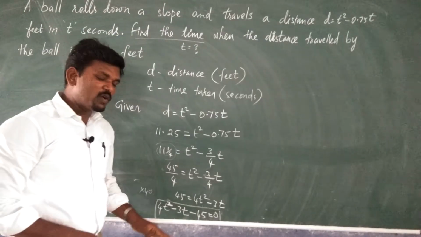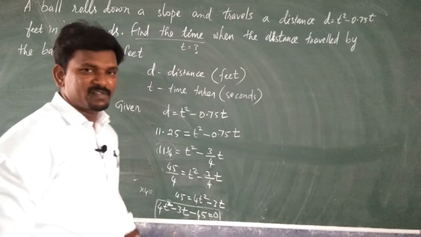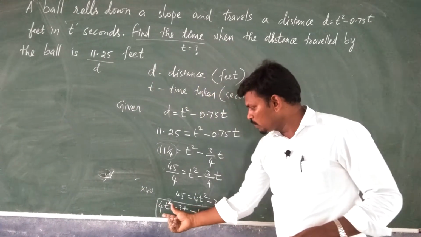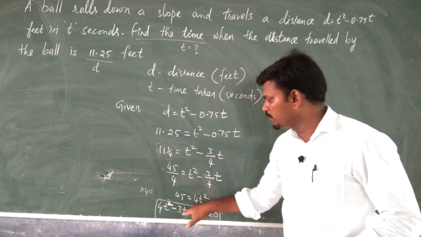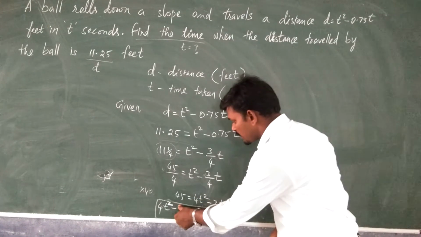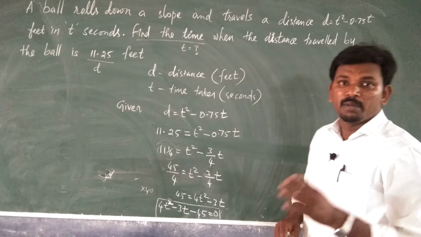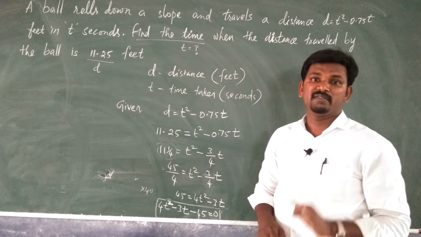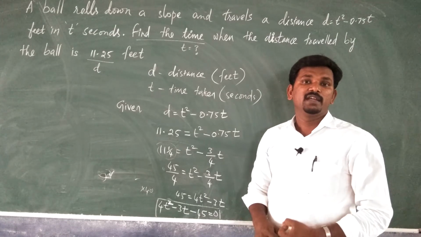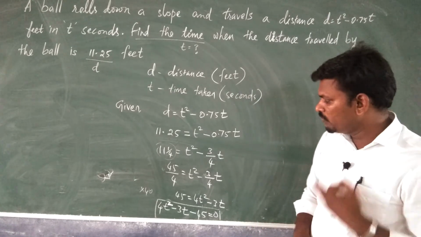So we know how to solve this quadratic equation. In all the videos we did before, we have solved such quadratic equations to find the value of the variable. We know how to solve this quadratic equation by the 3 methods we have studied: the factorization method, the completing square method, and the formula method.